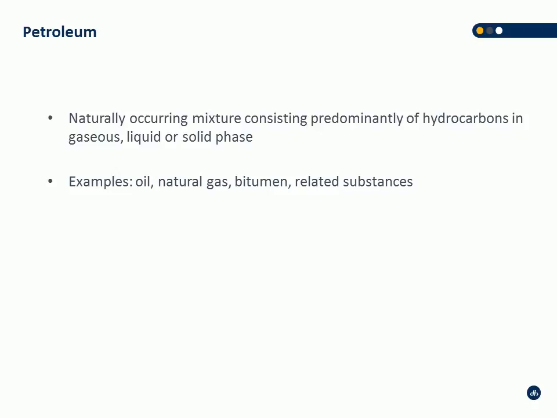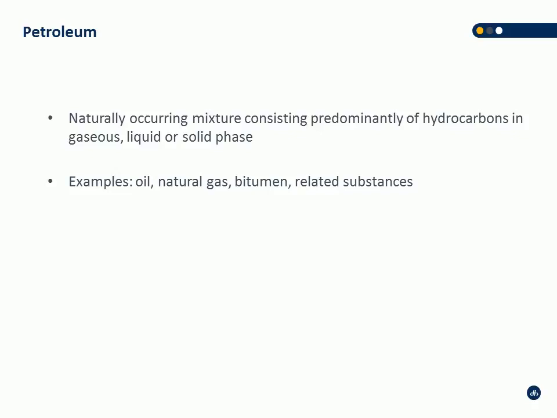Petroleum is simply defined as a naturally occurring mixture of hydrocarbons in gas, liquid, or solid phases. That's pretty standard. We've got pretty much all the various hydrocarbon types. We deal with them regularly in Canada and Alberta especially. Full spectrum: oil, natural gas, bitumen, CBM, related substances, byproducts like ethane, butane, pentanes, etc.